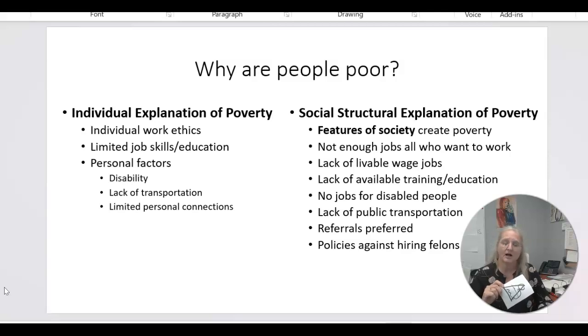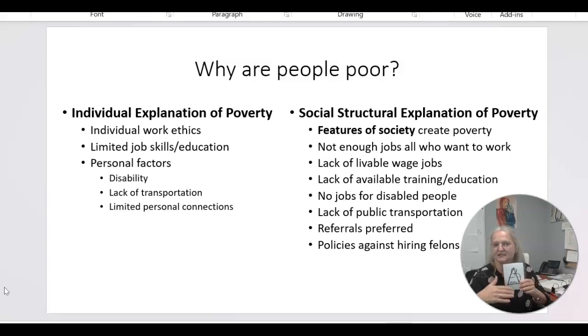There are fewer options for daycare. There's fewer options for transportation. You could have the strongest work ethic and be highly educated. If there is not a job for you to work at, you're not going to be working, not because you're poor. So this theory says that it's society, it's a structure, it's features of society that keep people poor.